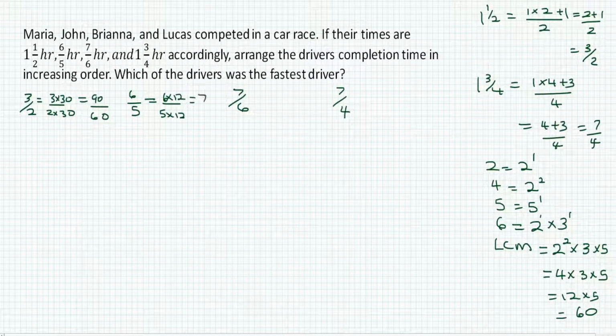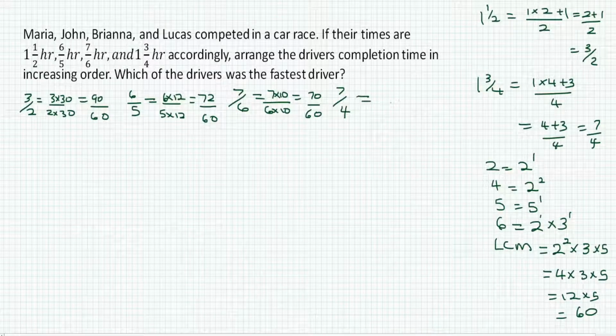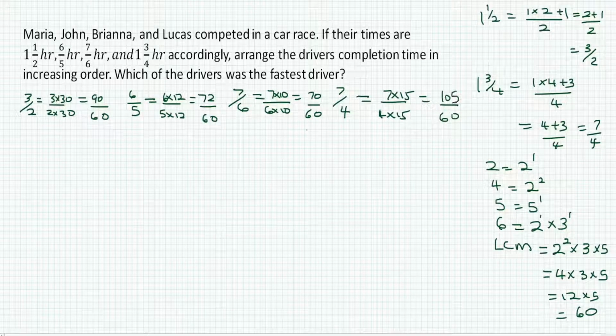That gives us 72 over 60. And then 7 over 6, we're going to multiply 6 by 10 and 7 by 10, and we get 70 over 60. And then we're going to multiply 4 by 15 and 7 by 15. We get 60 in the denominator, 105 in the numerator.